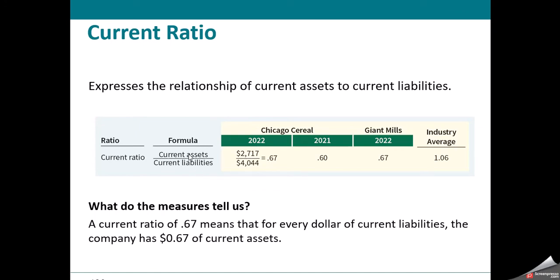But we're going to take the formula and you're going to go back to the balance sheet to find what are those current assets, divide that by the current liabilities, and that gives you your ratio. And then you do that for the 2 years that are given, as well as compare it to the competitor that we were looking at, and then the industry average.